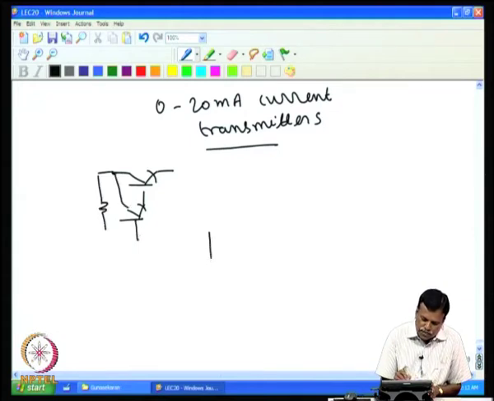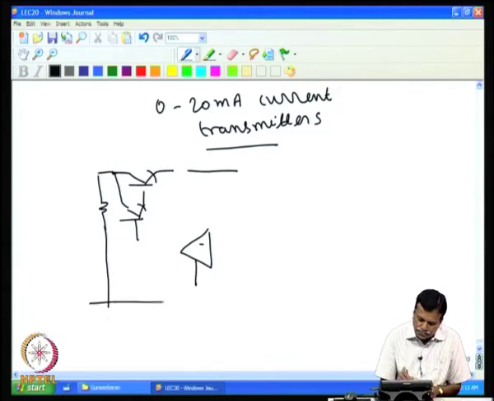One can use a conventional power supply itself, and the power input to this can be directly from the supply itself.